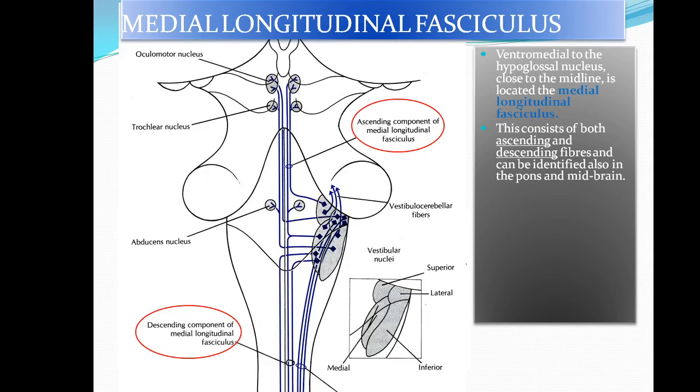This fasciculus consists of both ascending and descending fibers and can be identified also in the pons and the midbrain. So these are the ascending fibers going to the midbrain and connecting with the fourth and the third nerve here. Lower down, the descending fibers go to the lower part of the medulla.